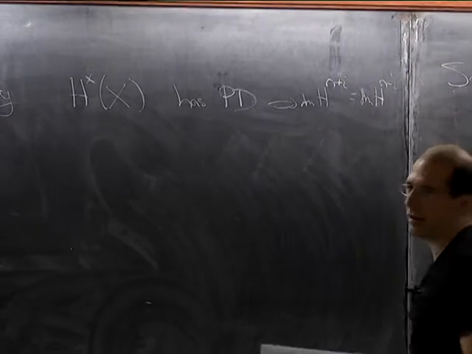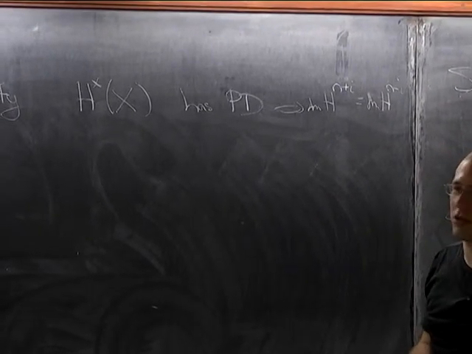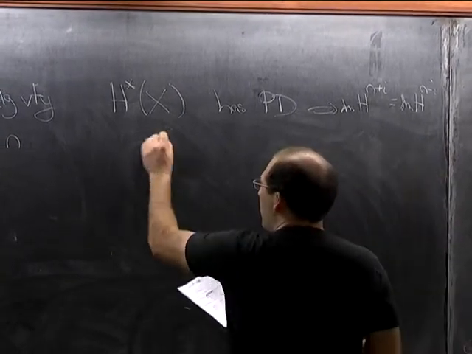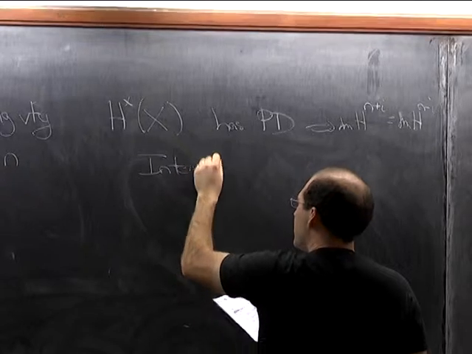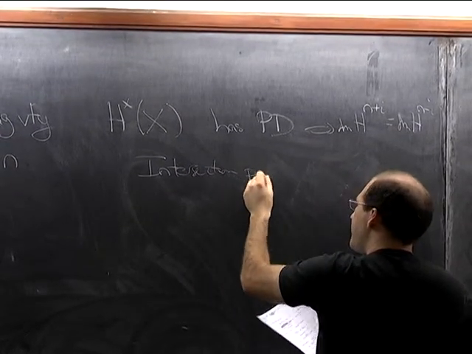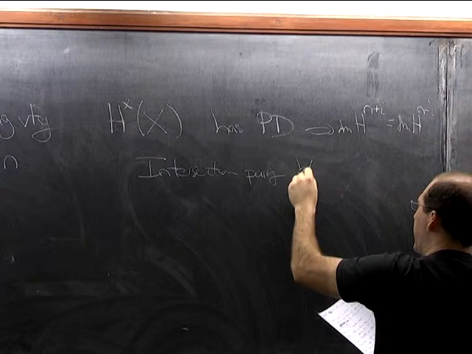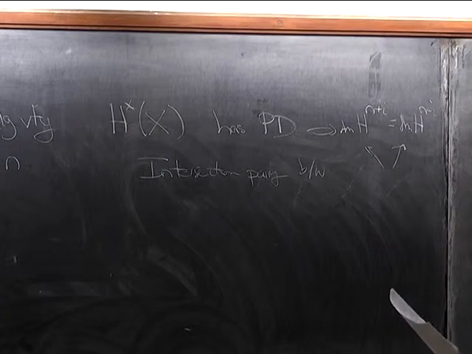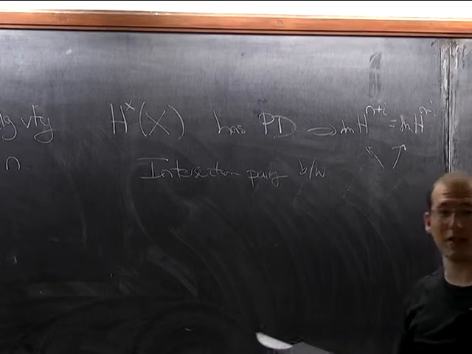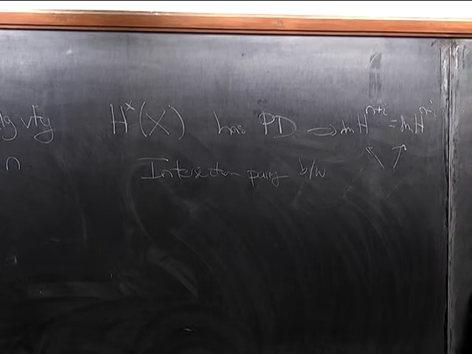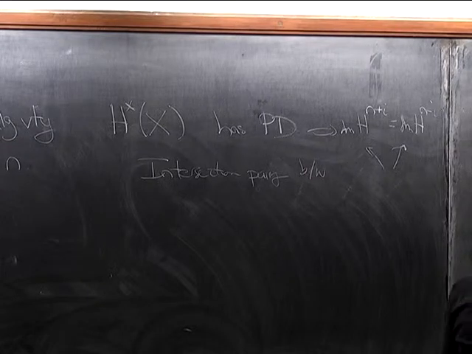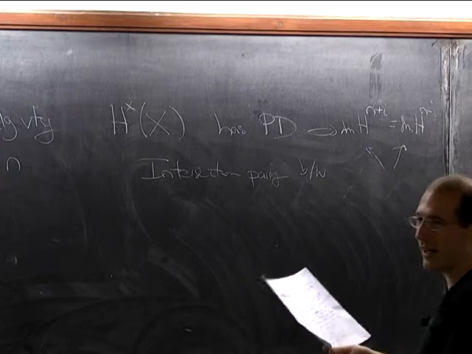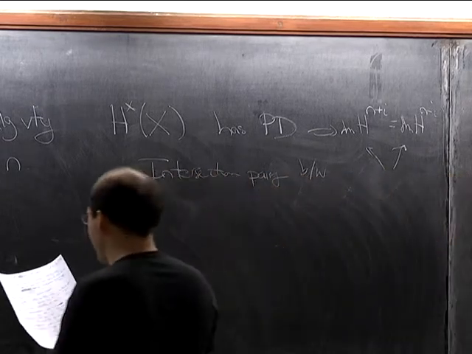So it's not centered around 0, it's centered around n. But this is silly, you should just recenter it so it's around 0. Okay? And there's an intersection pairing between these two spaces. What this intersection pairing really is, is multiply them together and then integrate against the canonical top cohomology class. So this is really exactly what we've been doing. That's why this is called this.